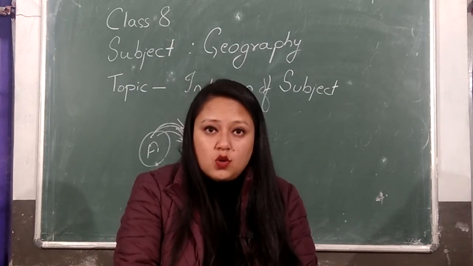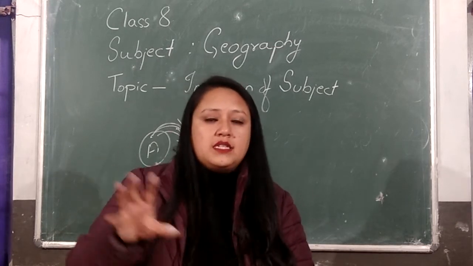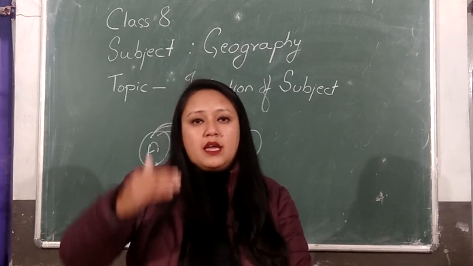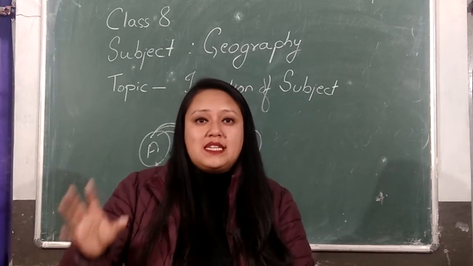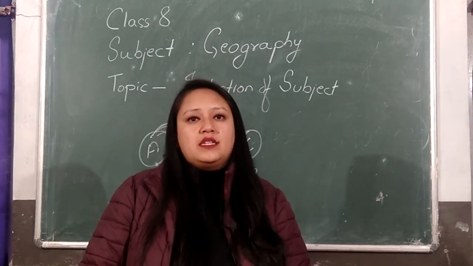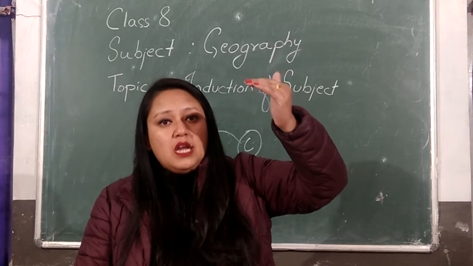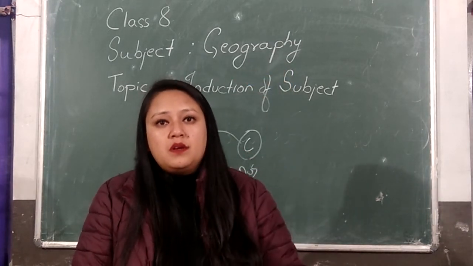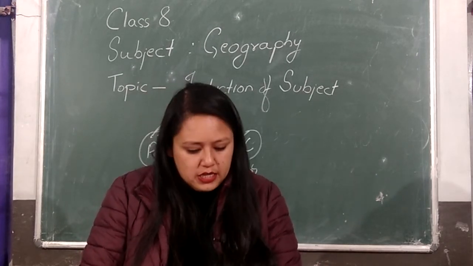First is Asia's location and extent. Where is Asia located on the globe? What is its latitudinal extent and longitudinal extent? What is its size? How many countries are located in Asia? Which is the largest country? Which is the smallest country? Which is the highest peak? The lowest point? The lakes, the rivers, the people. All these things we are going to learn about Asia.